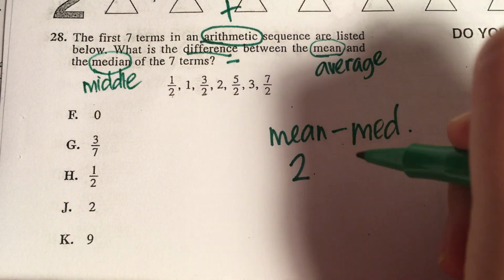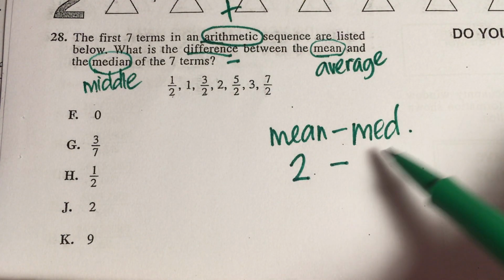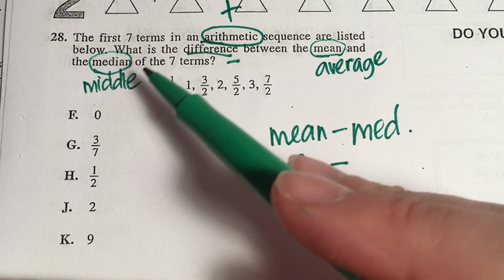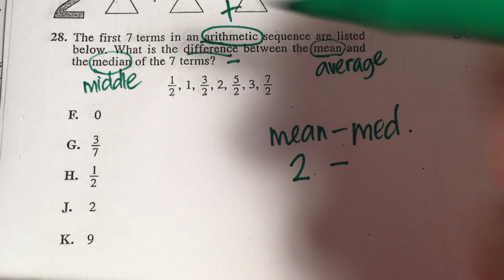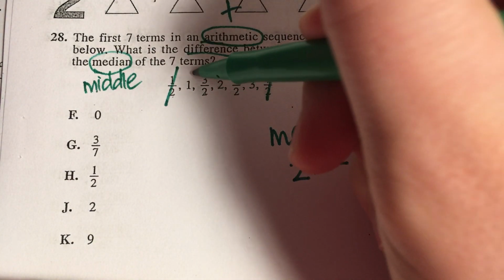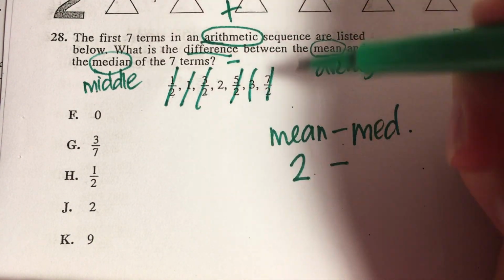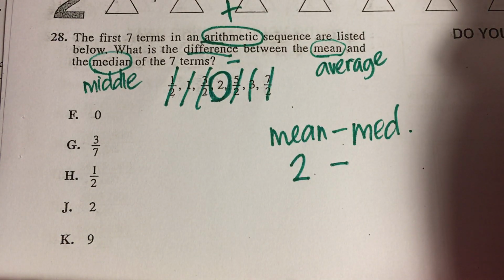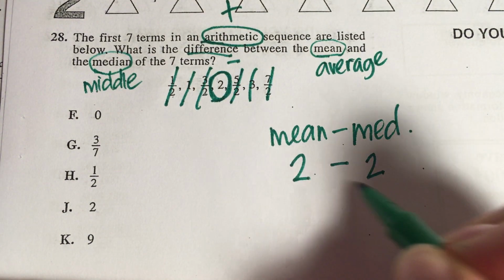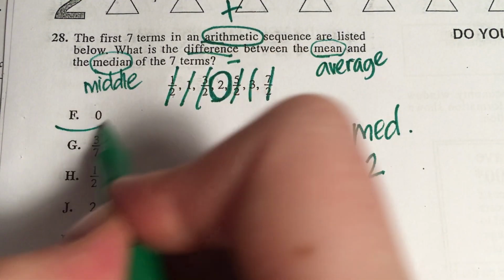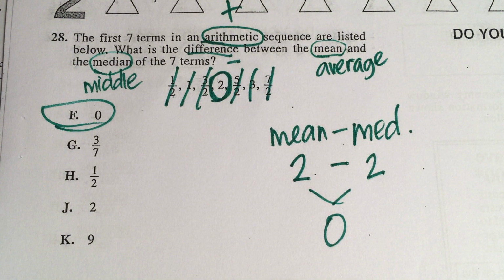So I'd say the mean is 2. And then I need to find the median. The median is the middle number. When they're in order, we can just cancel up. So smallest, biggest, smallest, biggest, smallest, biggest. The remaining number is 2. So 2 minus 2 would be 0. Just like that. I can't think of a faster way to do it, so that's pretty much it.